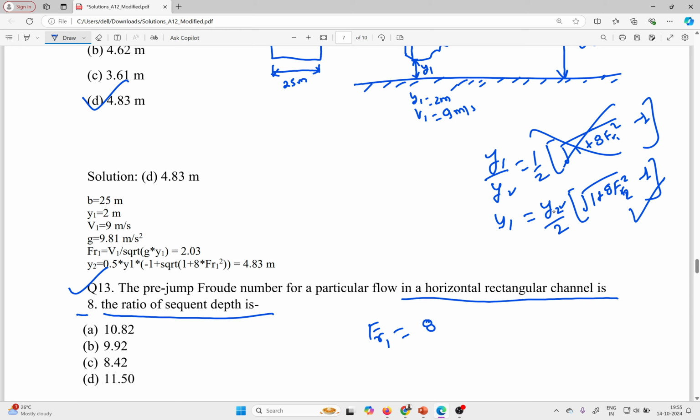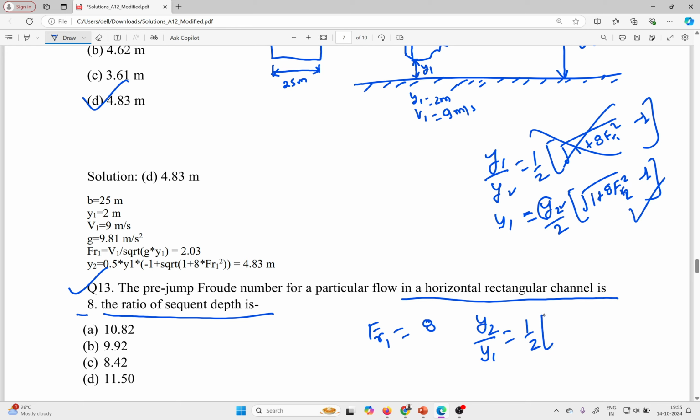So remember, on the right side of the equal sign, if it is y2, then the Froude number Fr will be 2. If the right side is 1, then Fr1. So here we know Fr1, so we need to put y1 on the left side. We do y2 by y1, and when we multiply, automatically it goes to this side.